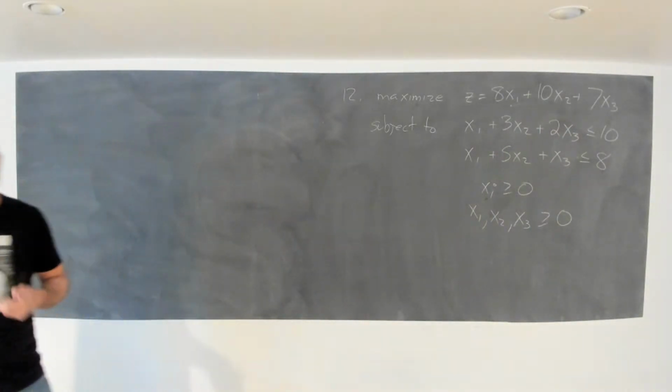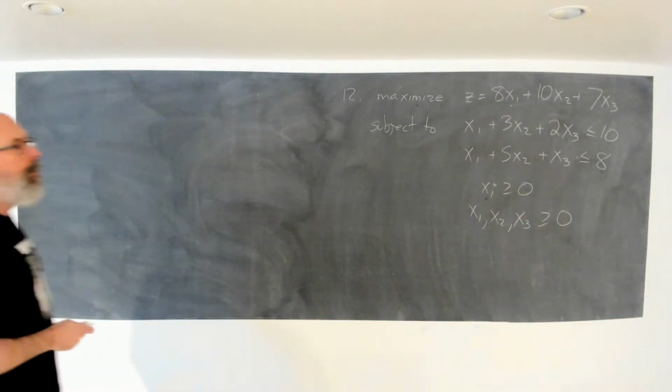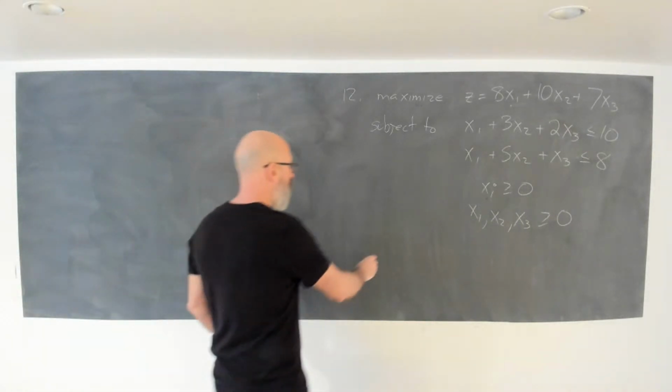So let's answer this question using the simplex method. We're going to introduce slack variables.